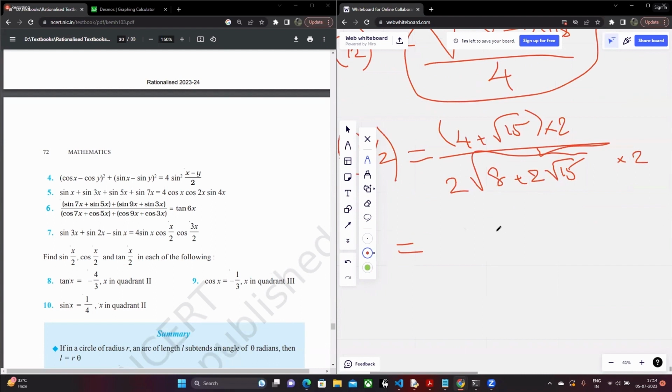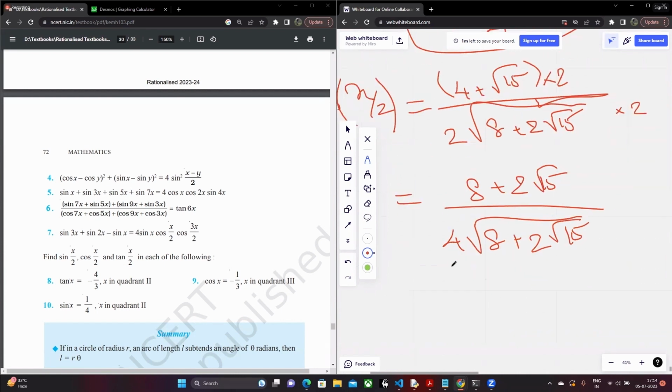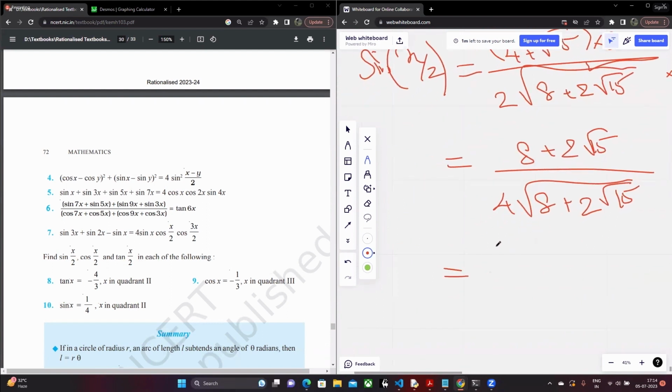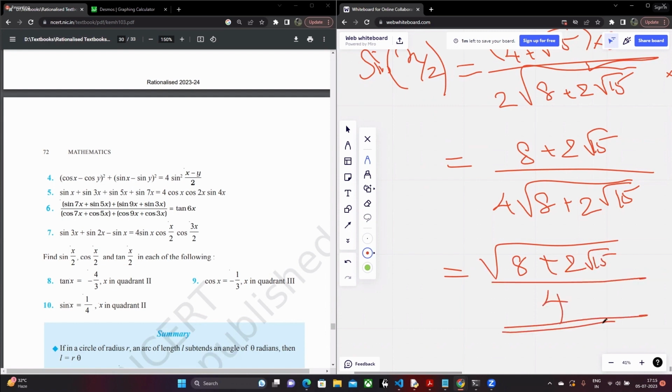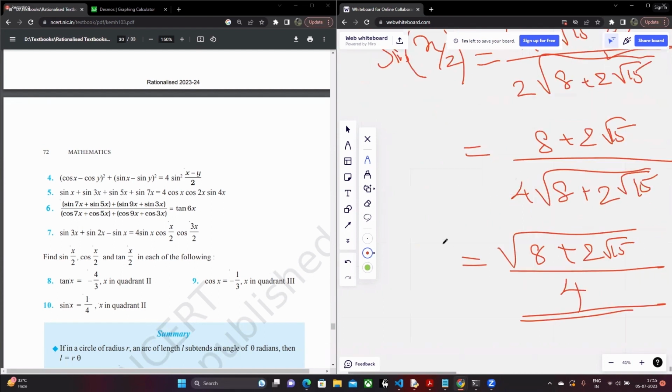So I basically get 8 plus 2 root 15 divided by 4 root of 8 plus 2 root 15, right? Which I can further write as square root of 8 plus 2 root 15 divided by 4. Right. And that concludes the shorthand.